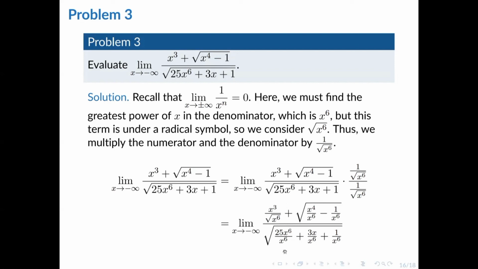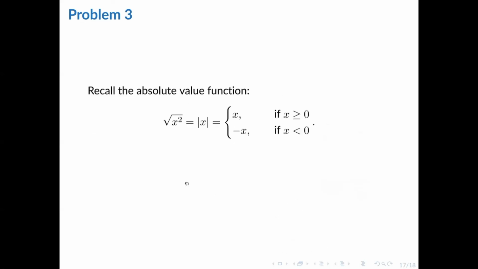to simplify the original function. So recall the absolute value function. Square root of x squared is equal to absolute value of x, which is equal to the piecewise function x if x is greater than or equal to 0, or negative x if x is less than 0.